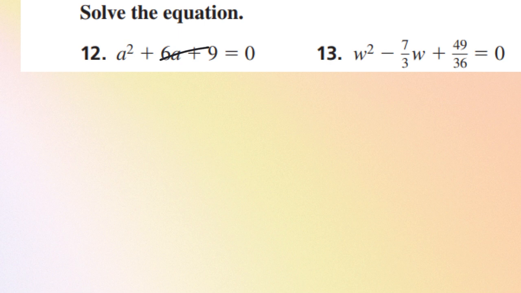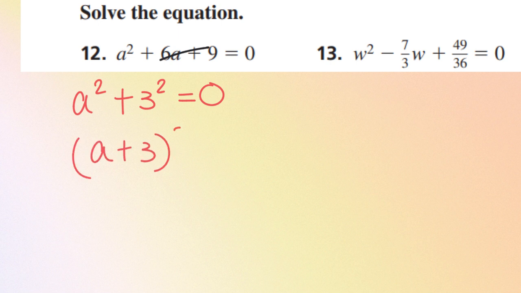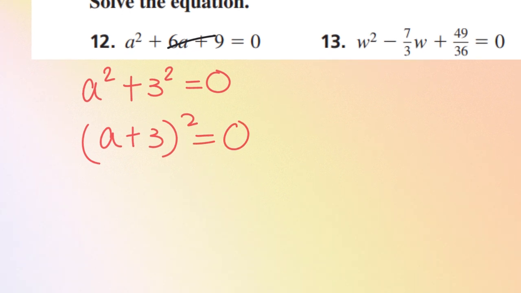So a is already squared, so I'm going to have a squared. The perfect square of 9 is going to be plus 3 to the power of 2, which gives me equals 0, correct? So a plus 3 squared equals 0. Remember the previous rule.